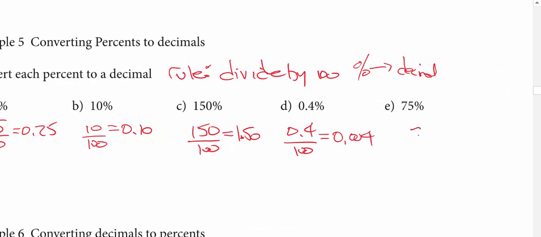And 75% is 75 over 100, which is equal to 0.75.